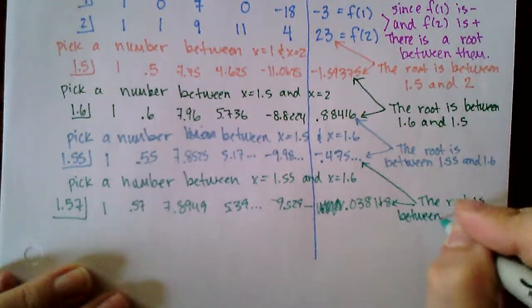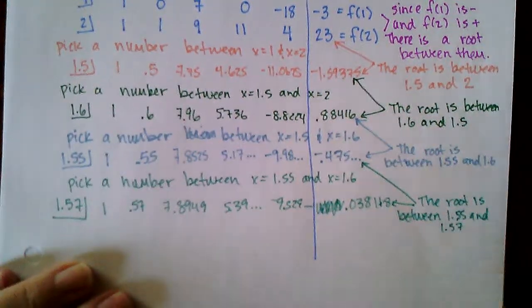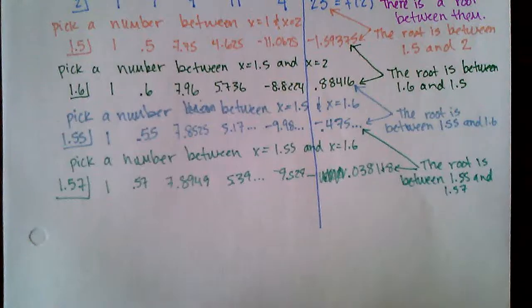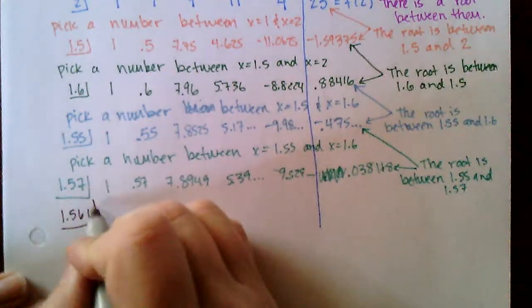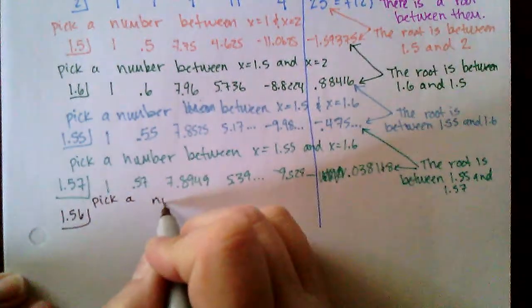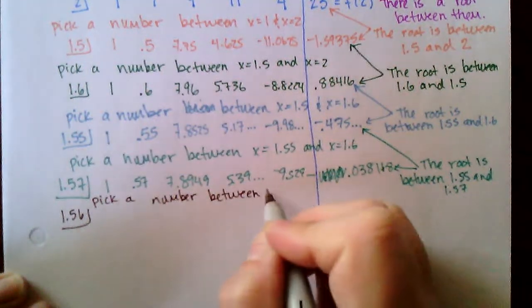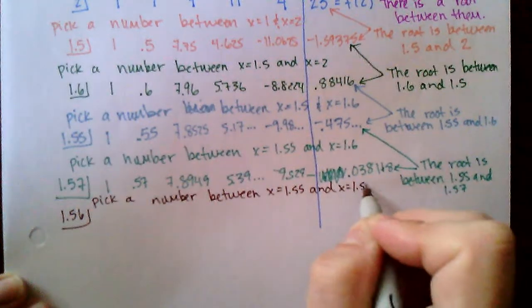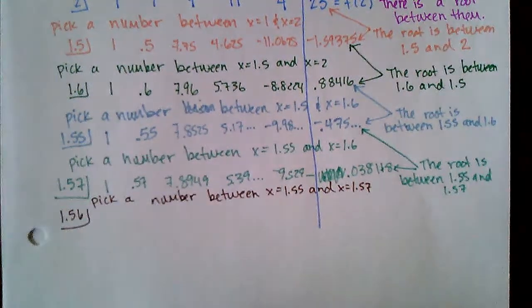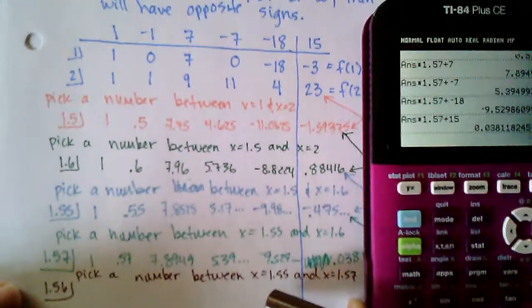The root is between 1.55 and 1.57. So since we're only going to the nearest 0.01, the only possibility we have is 1.56. So we pick a number that is between x equals 1.55 and x equals 1.57. So we pick x equals 1.56, and we're going to do that synthetic division one more time.